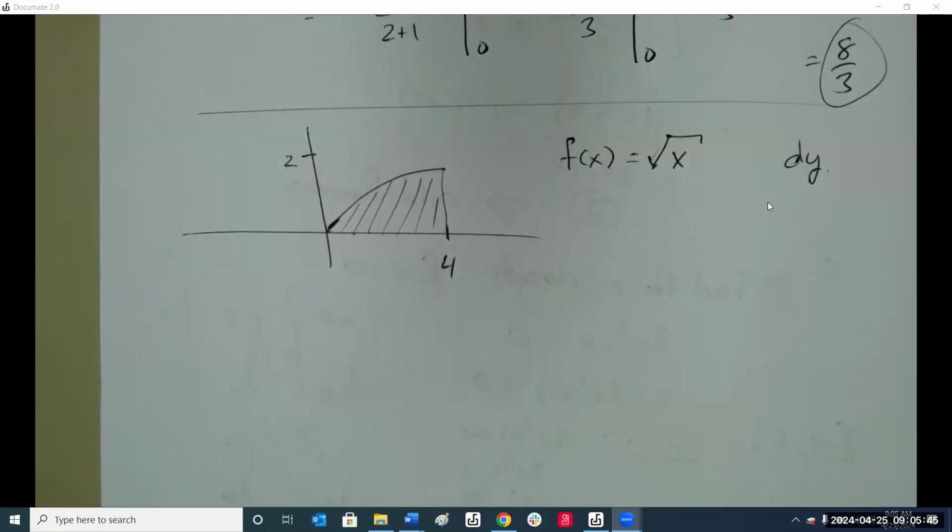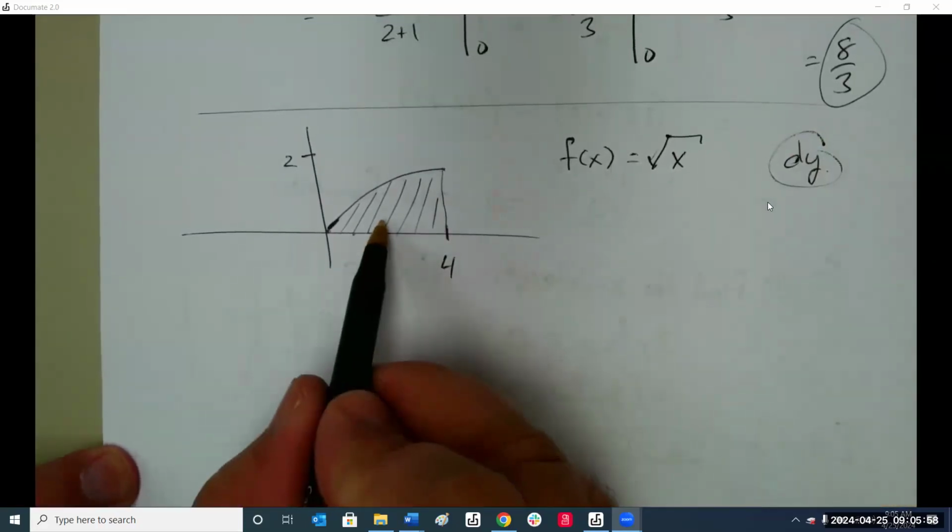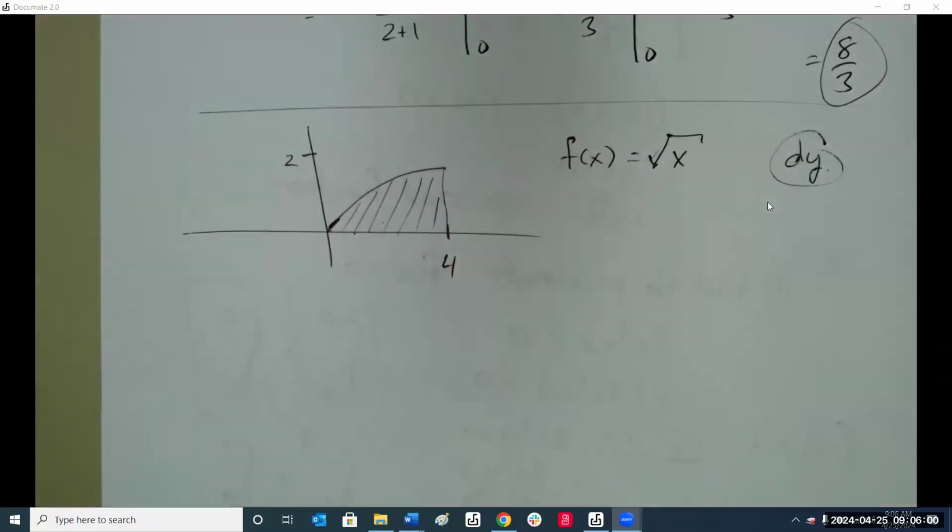How would you do that? I want you to solve it with respect to y.